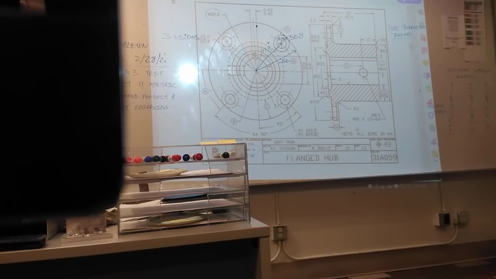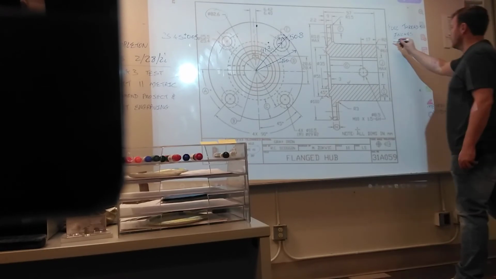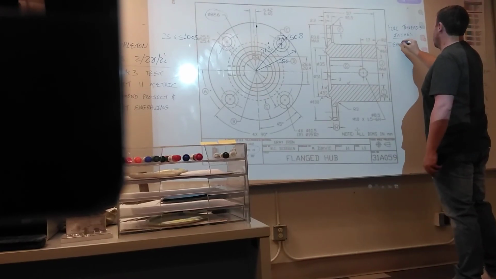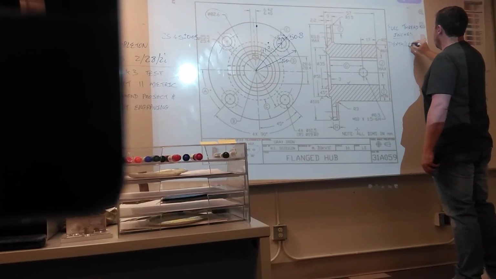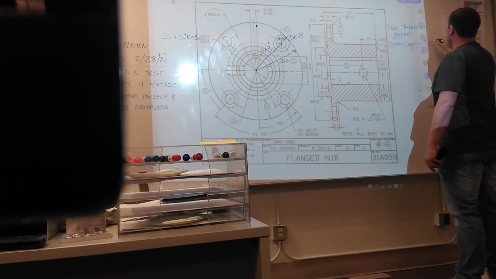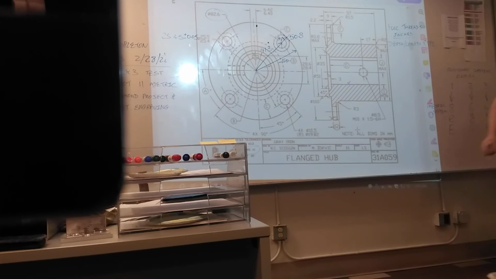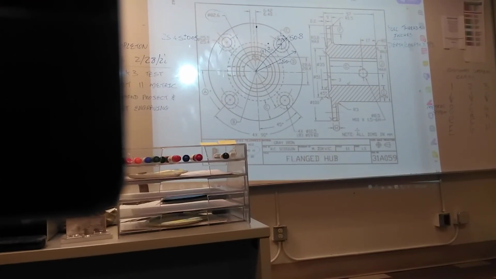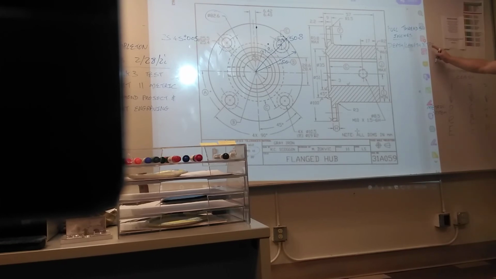How do we calculate how many threads? Take the depth or the length of threads and we multiply by threads per inch. But in the metric system, there is no threads per inch. So that formula is not going to work for you.